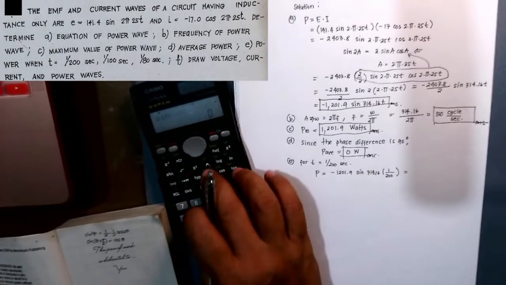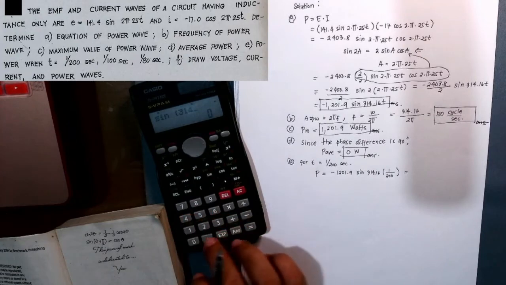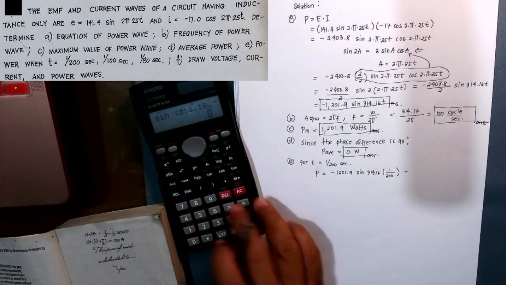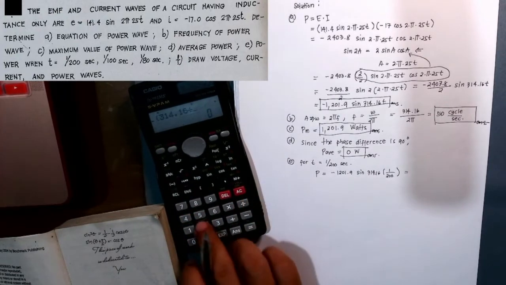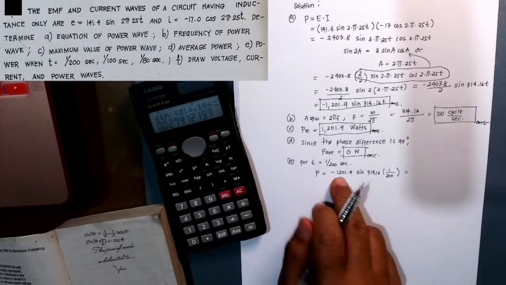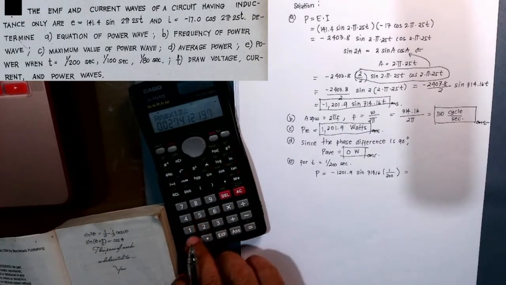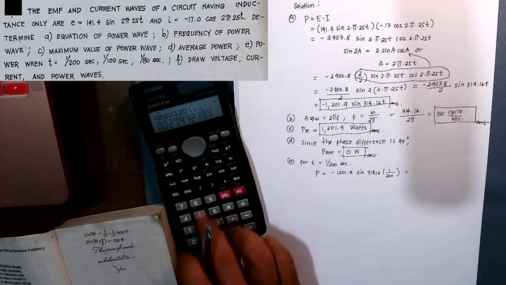So sine of 314.16 divided by 200. That is the value of sine multiplied by a negative 1201.9.